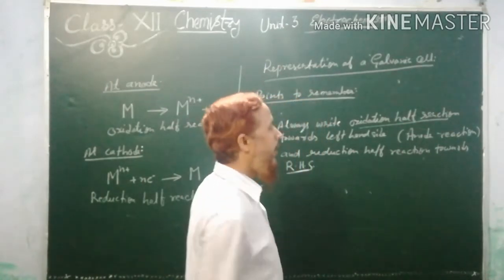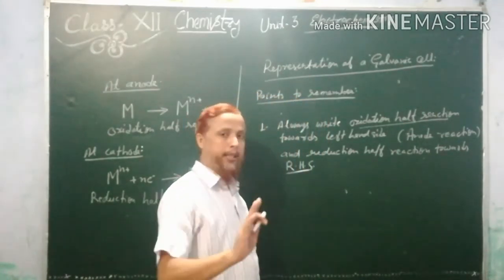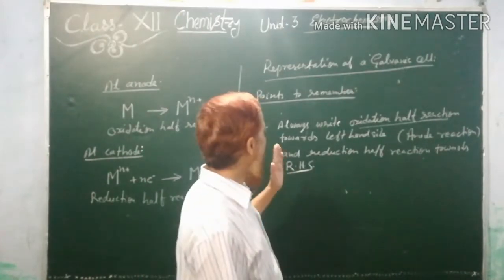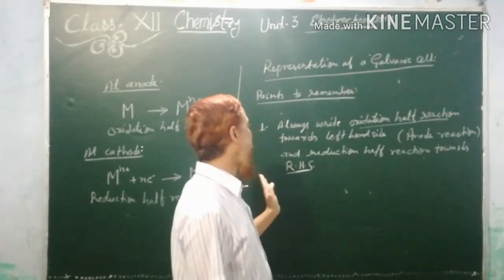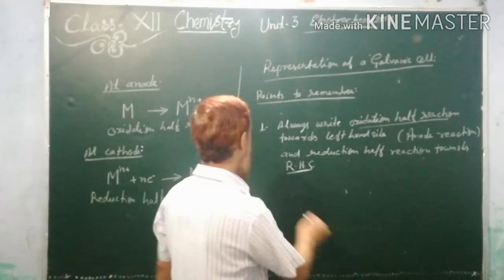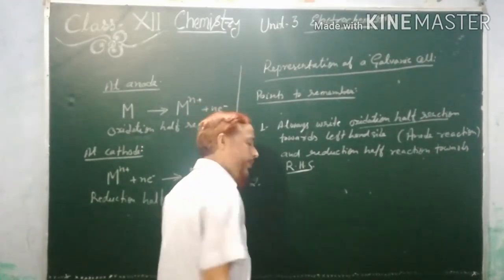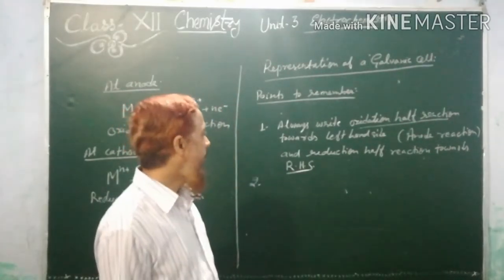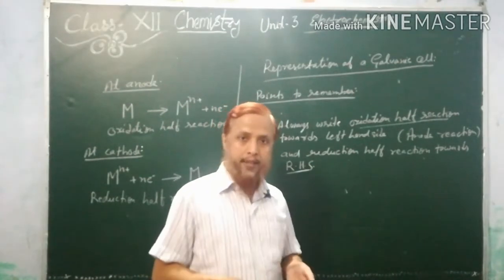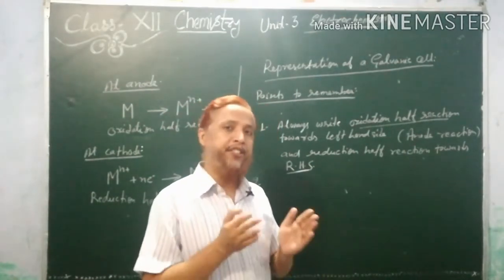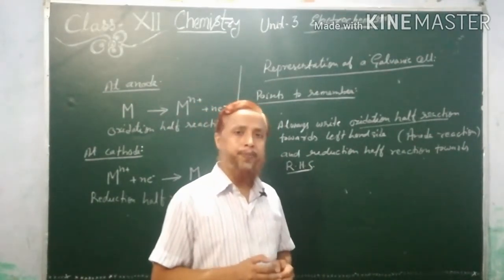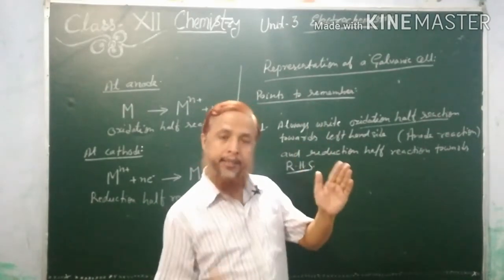Means the cathode reaction we have to represent towards the right hand side, and the oxidation half reaction we will write on the left hand side. Second point, use a vertical line to show the phase difference between the electrode and its ion.